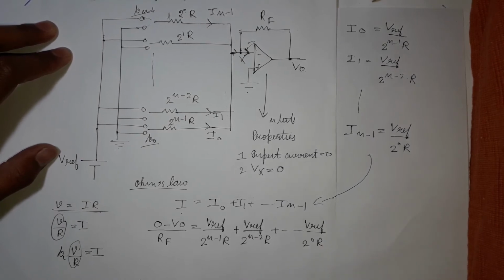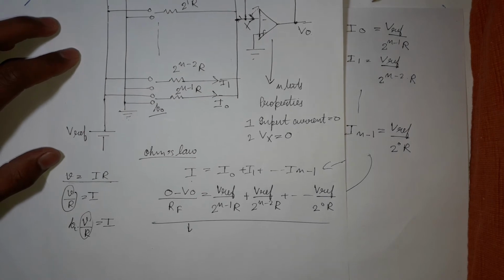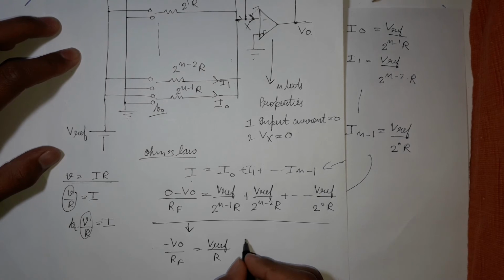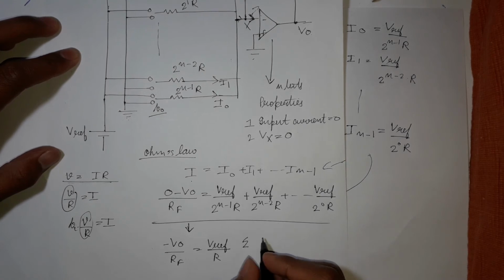So now this becomes, just solving this equation, minus V0 upon RF is equal to V reference upon R, with V reference and R common, and we can write this as summation of Bi upon 2 raised to power n minus i minus 1.